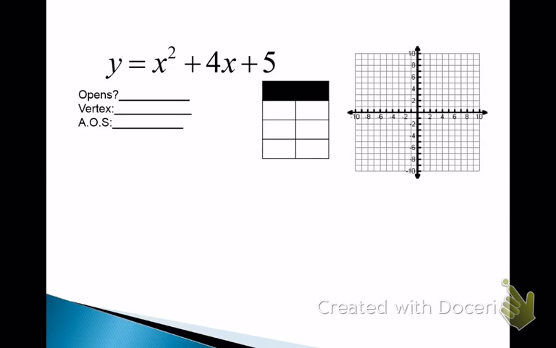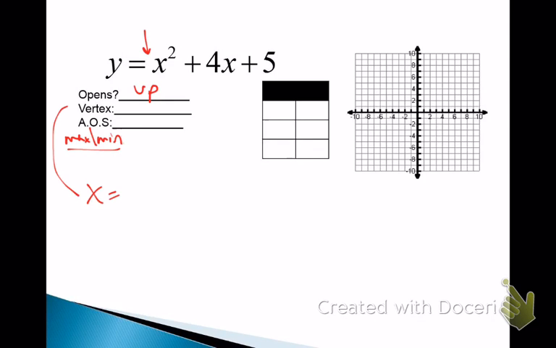So first and foremost, we want to talk about maximum or minimums as well. Look at this quadratic function. This function I know is going to open up, and it's because a is positive. Now, I want to go find the vertex.